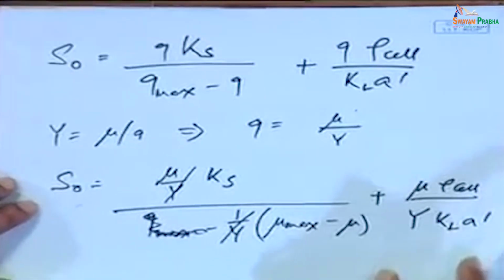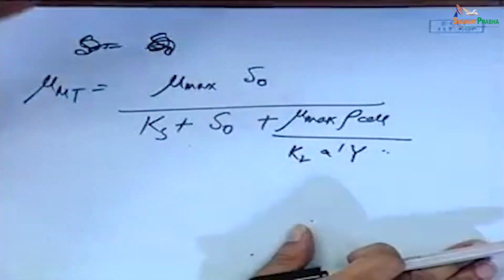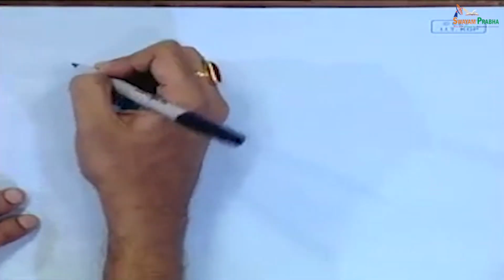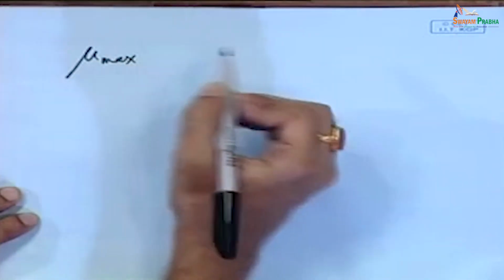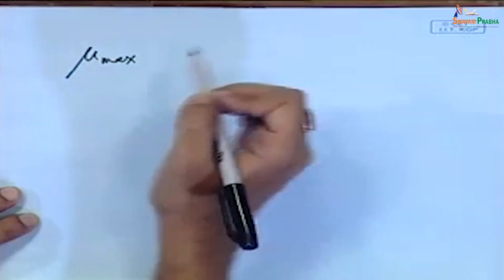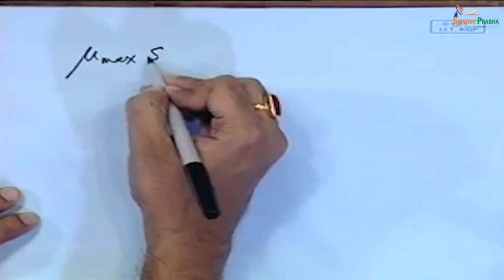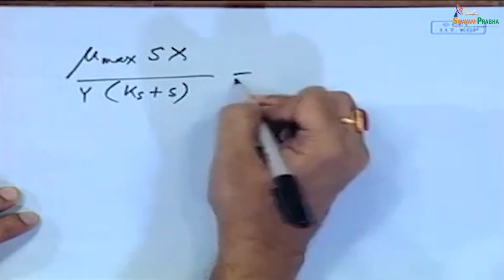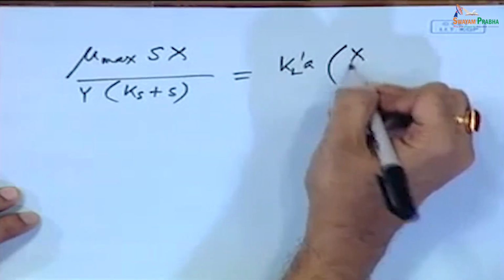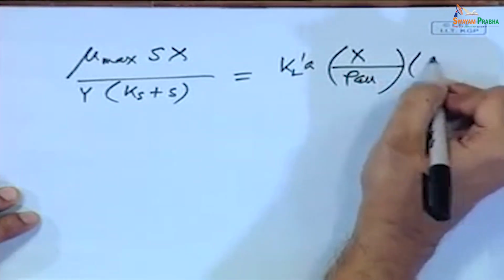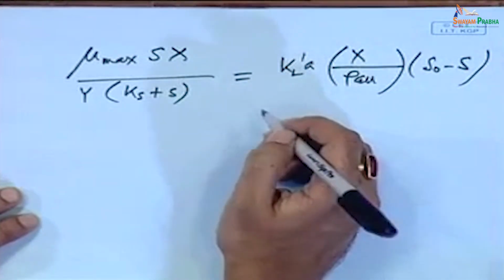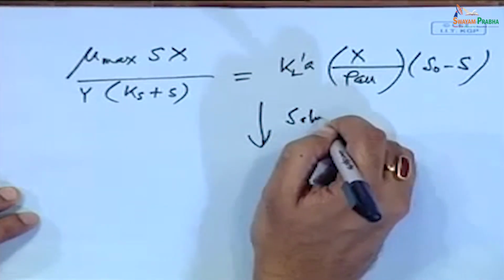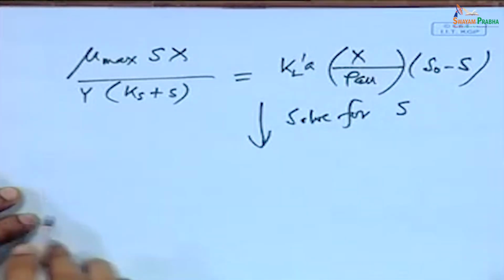So this is not the quadratic equation. Let me write it down, I don't want confusion in this. So mu max S times X over Y, Ks plus S equals KL prime A X over rho cell, S naught minus S. So this is your quadratic equation that you now need to solve for S. Is it clear?